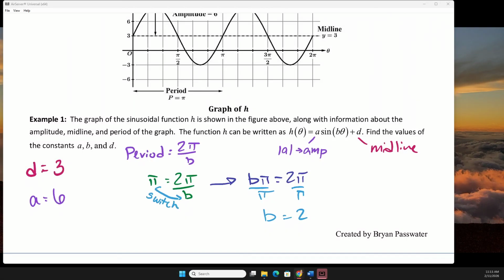So if pi is equal to 2 pi over b, that means that b is equal to 2 pi over pi, which is the same thing we got here by solving it algebraically. It's just a shortcut. And if you want to do it algebraically, you can. But I personally like the shortcut. B is just going to be 2. Both ways, however you want to do it.